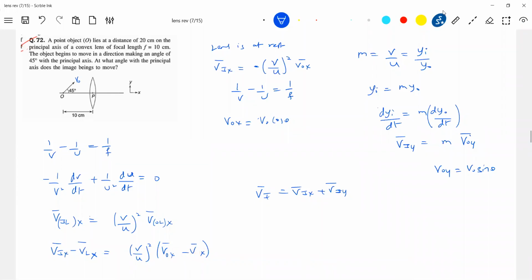This will be VOx minus VLx. Okay, fine now. Check it once. For the mirror, I think there was a negative sign, minus m square.